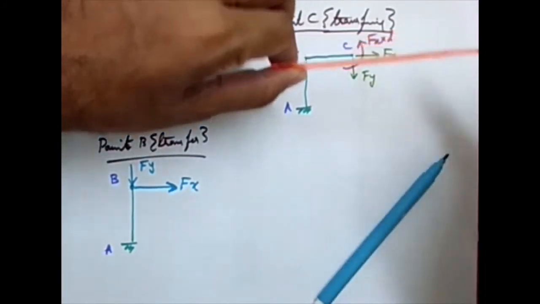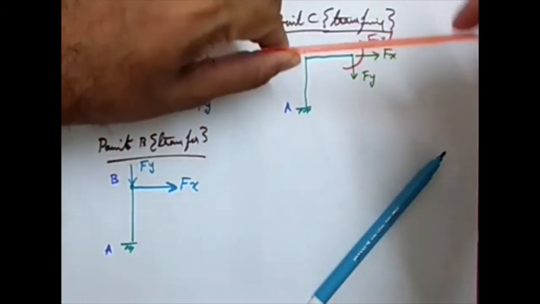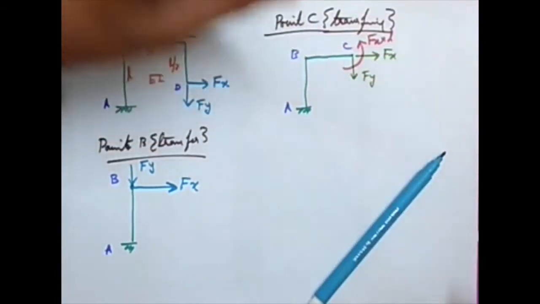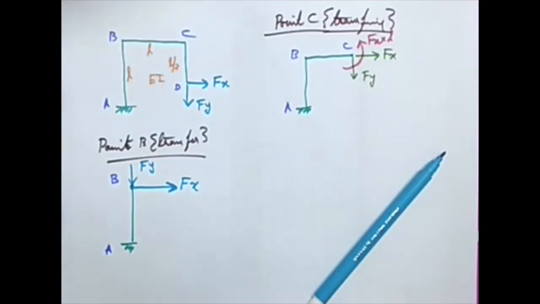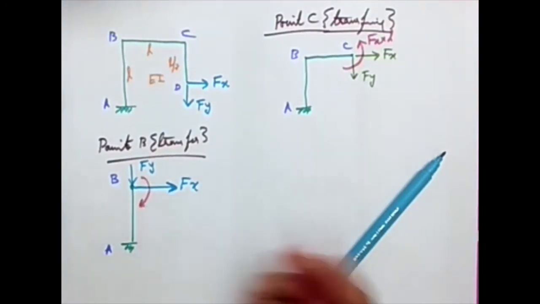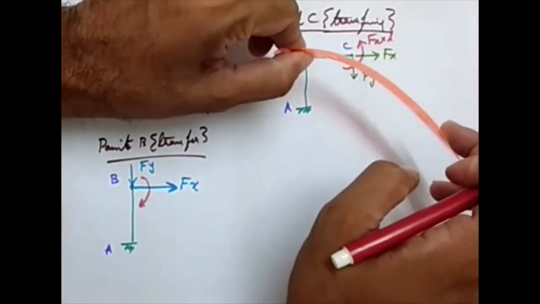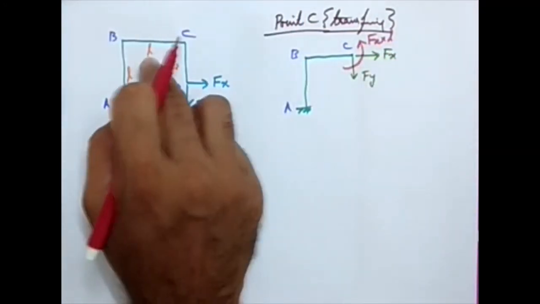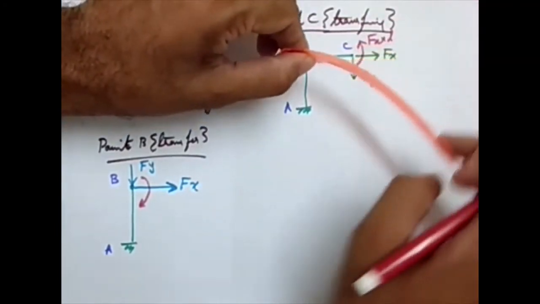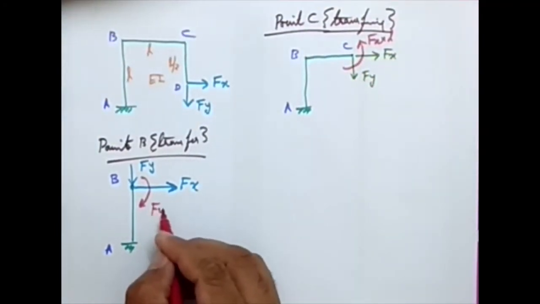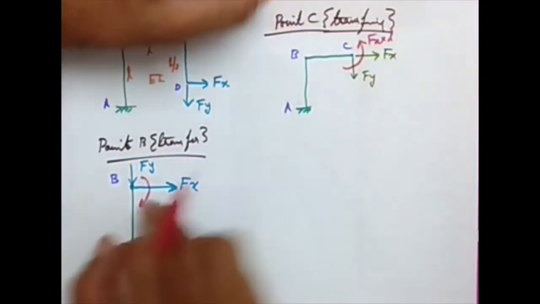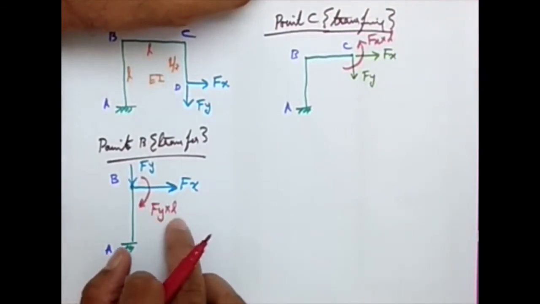But Fy can create a moment. And what is the direction of the moment? It is clockwise. So now I'm going to think about the moment part. This Fy is creating a clockwise moment. This lever arm is L, so Fy times L clockwise. I have marked this as clockwise, so this is also clockwise.